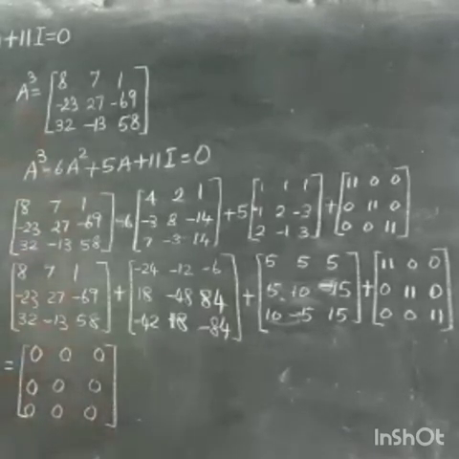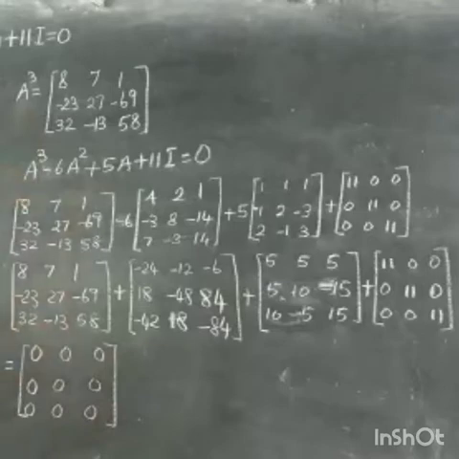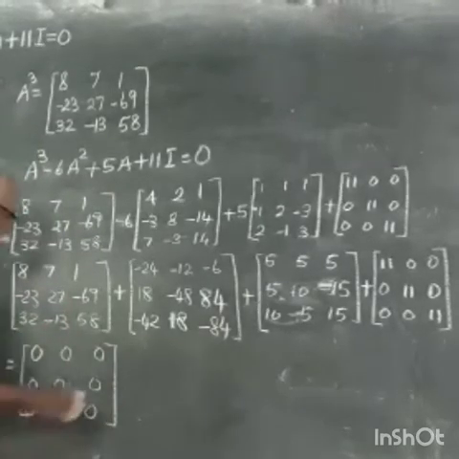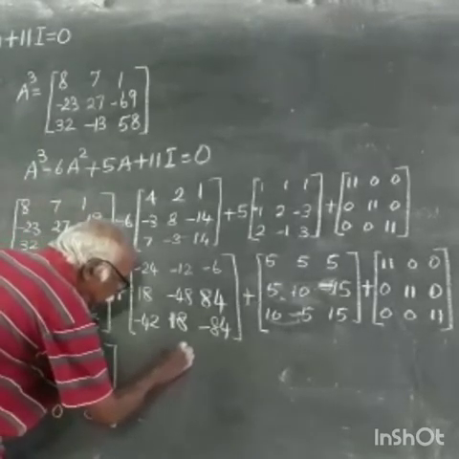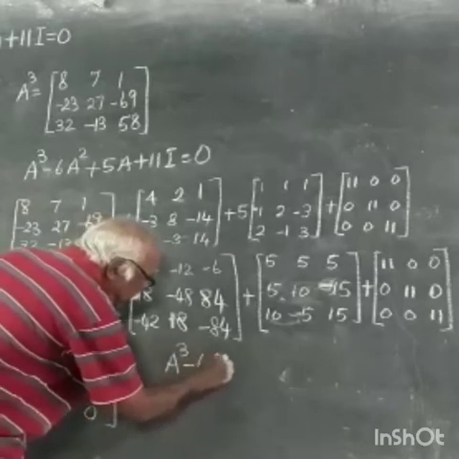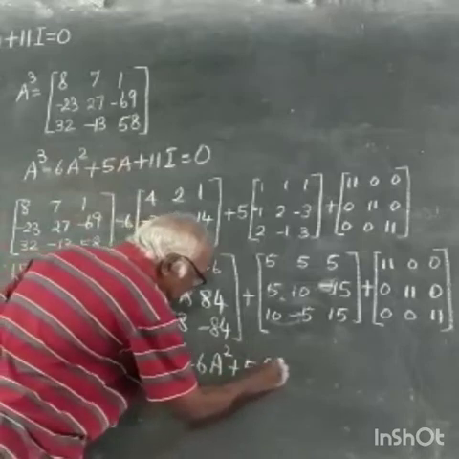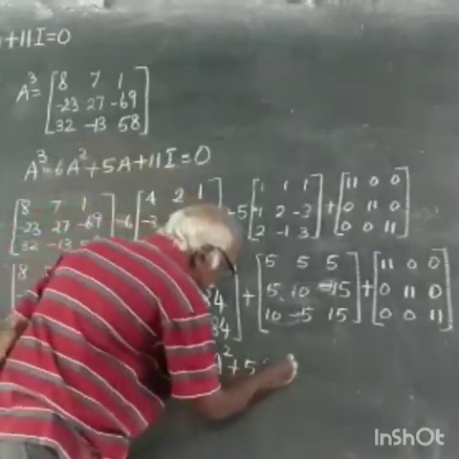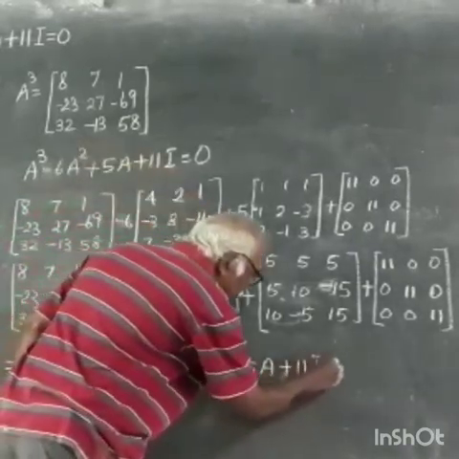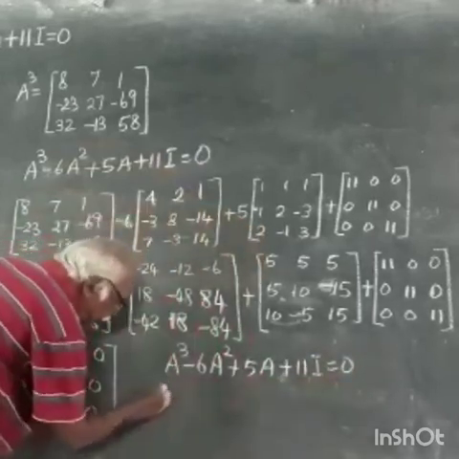Then with this, we have to find A inverse. How to find A inverse? We have just proved A cube minus 6A square plus 5A plus 11I equal to 0. Multiply by A inverse on both sides.